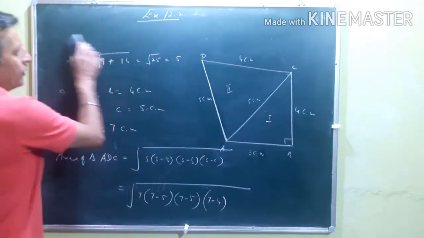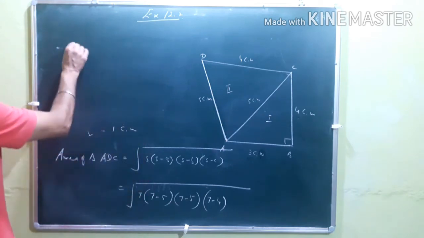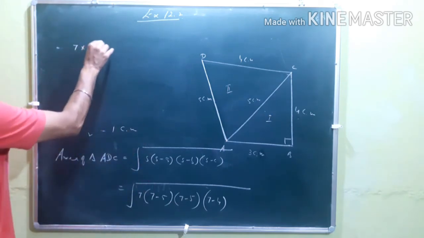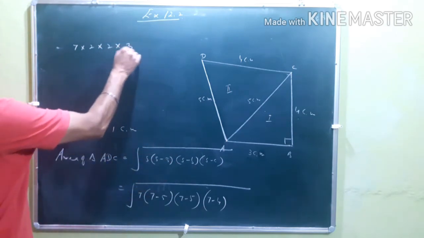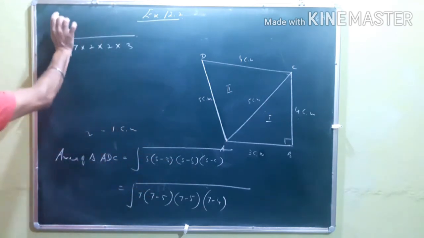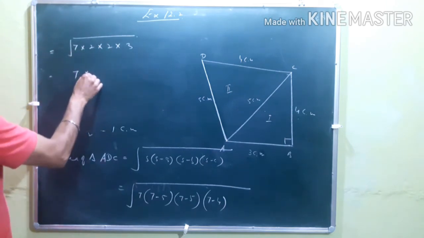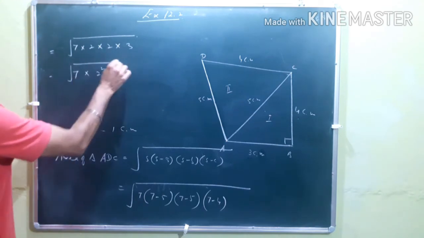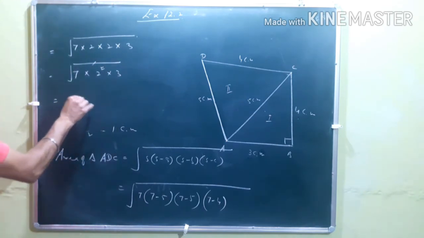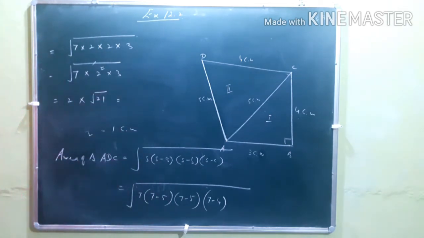So this is 7 as it is, 7 minus 5 is 2, 7 minus 5 is again 2, 7 minus 4 is 3, whole under the root. Which is equal to 2 square into 3, square root is 1, so 2 as it is, into under the root 21. And 4 square is 16, and 5 square is 25.